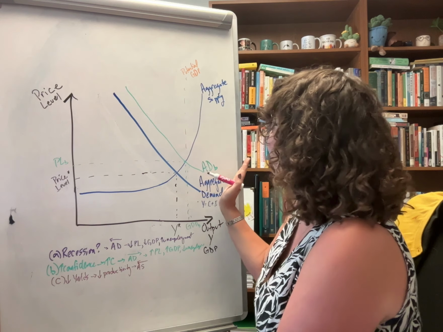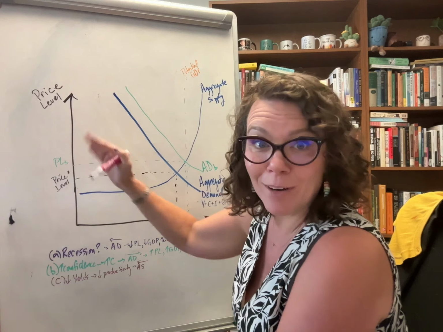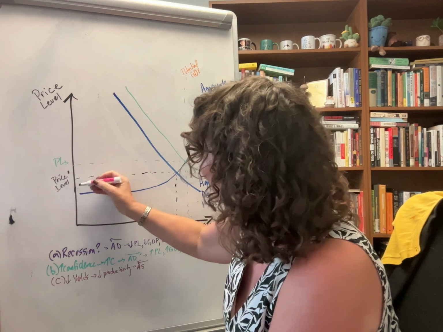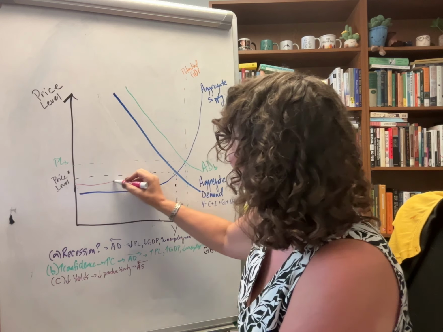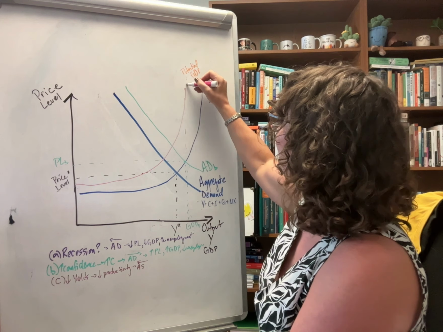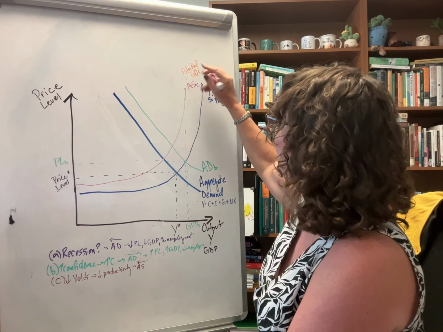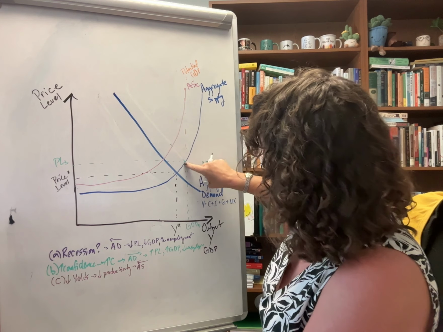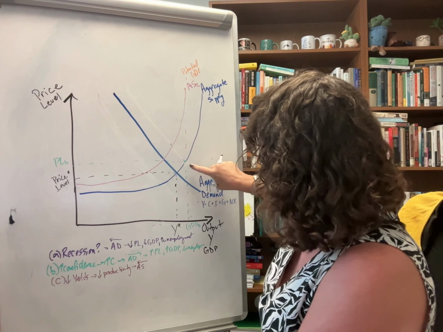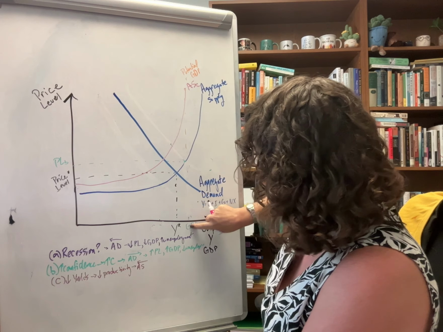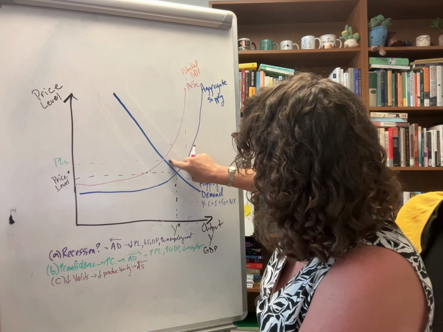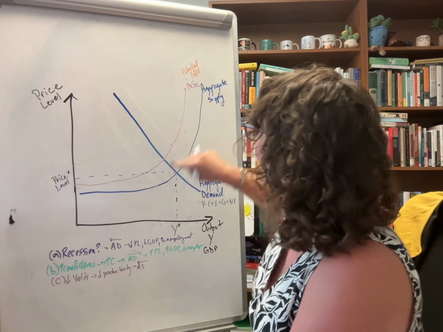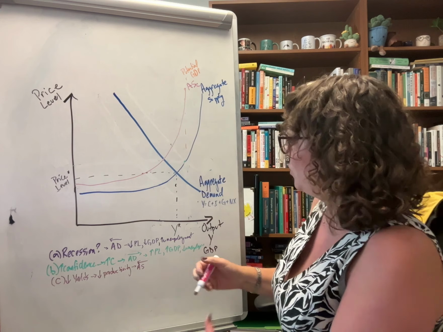Aggregate supply shifts in to the left, right? Not up or down, because it'll get really confusing here, right? Aggregate supply shifts in to the left to a lower level. And I'm going to go ahead and get rid of our old aggregate demand from part B. And what we'll see here is now GDP has changed again, the price level has changed again, and we're going to expect unemployment to have changed again.